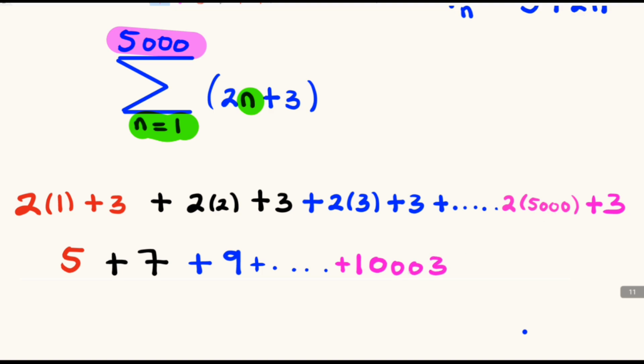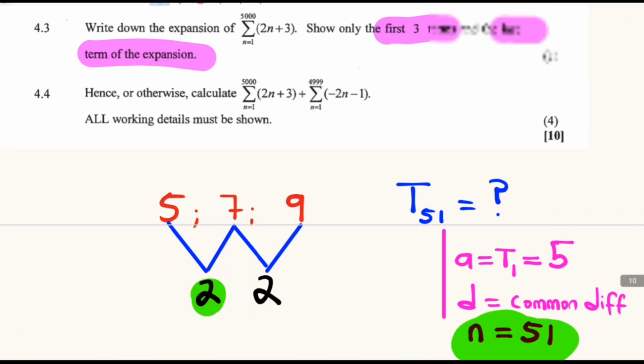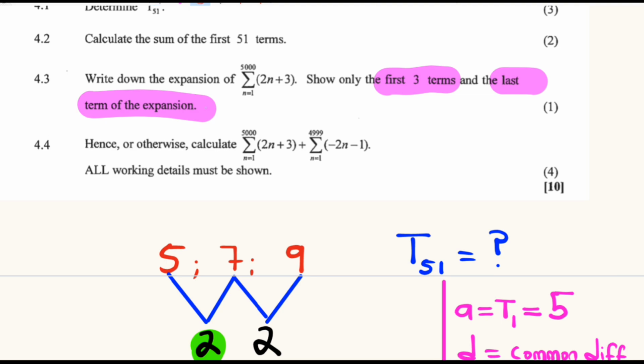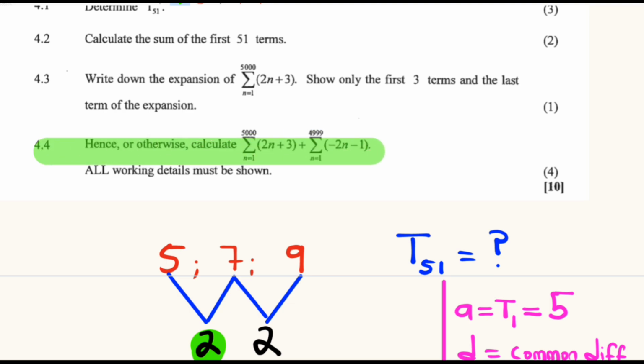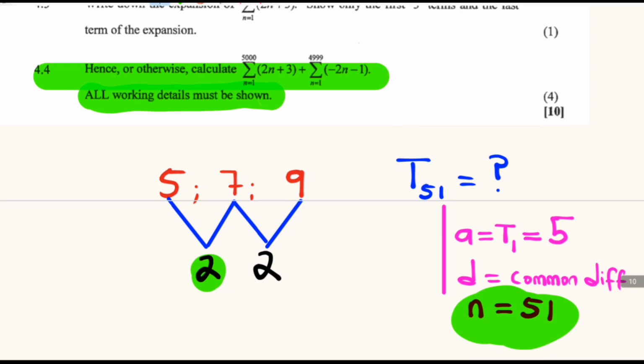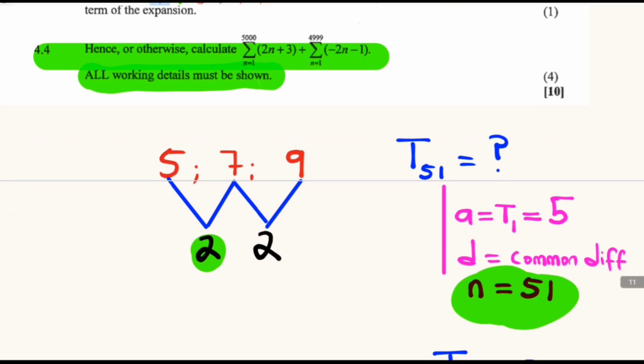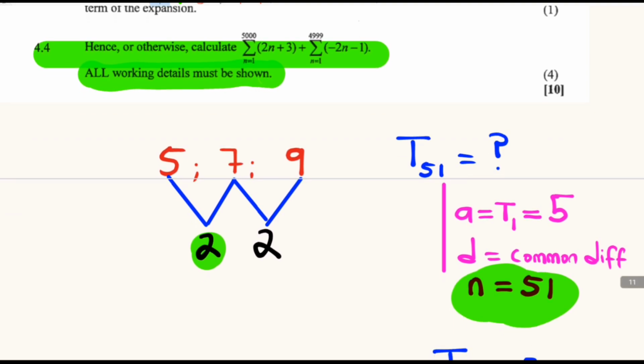So we have the first, the second, and the third, and the last term. And for question 4.4, hence or otherwise, calculate the sum of 2n plus 3 from n equals 1 up until 5,000, and we have to also add this to another sum of negative 2n minus 1 from n equals 1 up until 4,999.